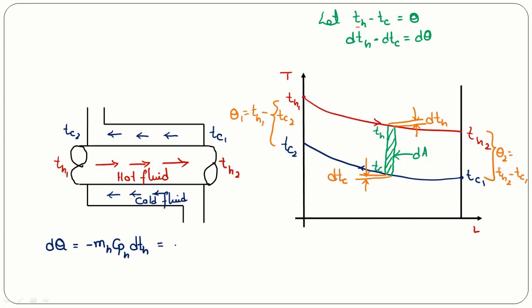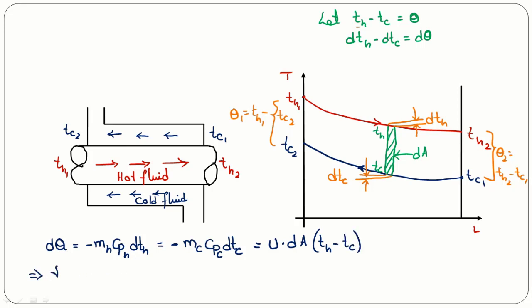This will be equal to minus mc cpc dTc. See, this minus that we have written for the cold fluid is because of the direction in which it is flowing. So, as it is flowing in the direction opposite to that of the hot fluid, we need to consider minus here. So, this will be equal to U into dA, area of the element, multiplied by hot fluid temperature minus cold fluid temperature in the element.